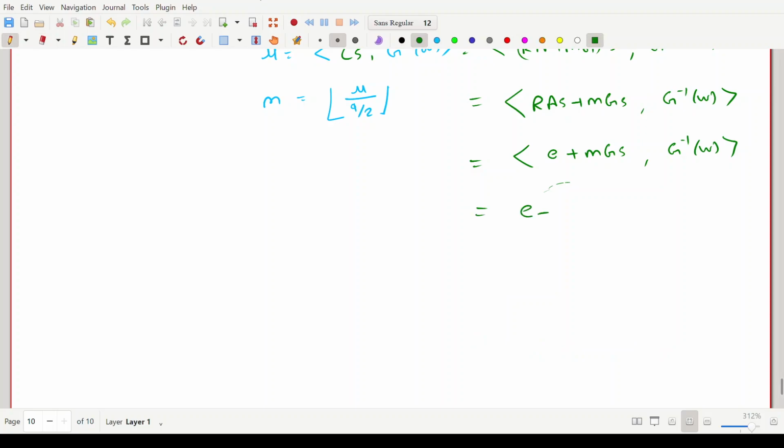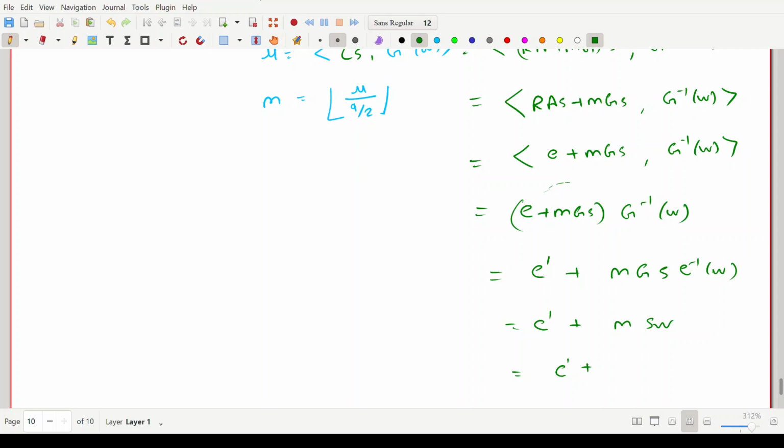You just write E plus MGS multiplied with G inverse of W. So it will again be another error plus MG, and this is S G inverse of W, which is E dash plus M into SW. And what is the value of SW? It is M into Q by 2. This works now, this is perfectly fine.